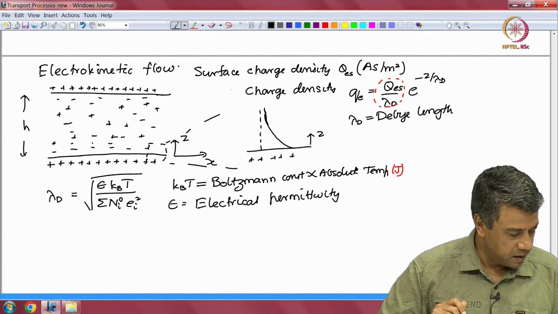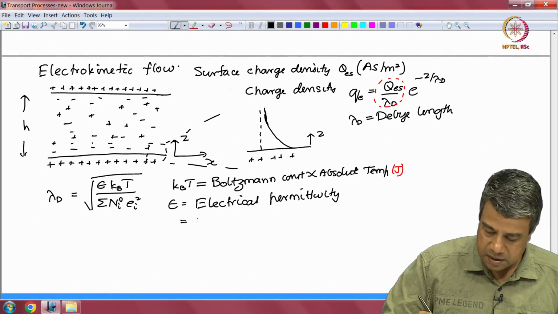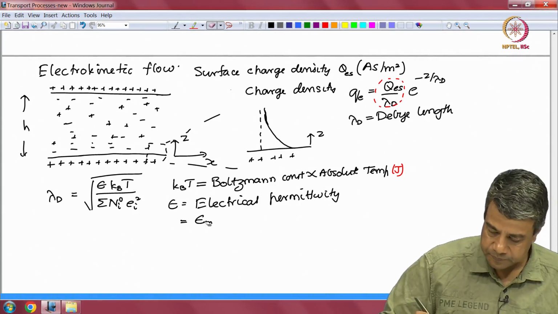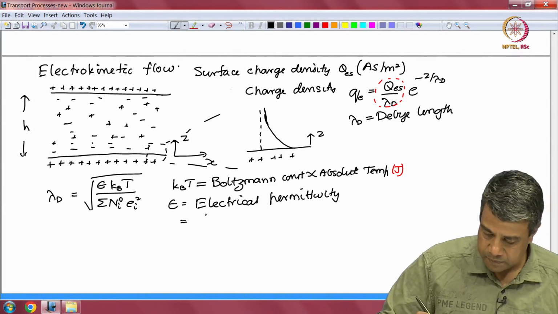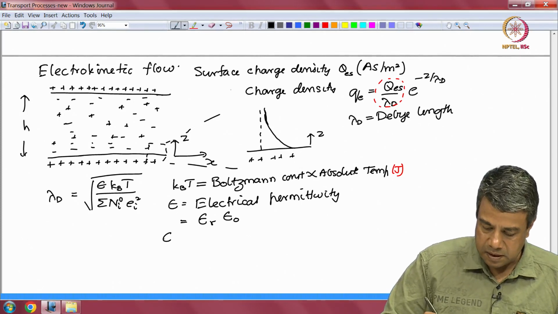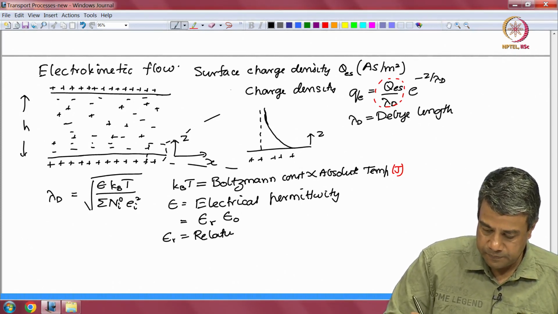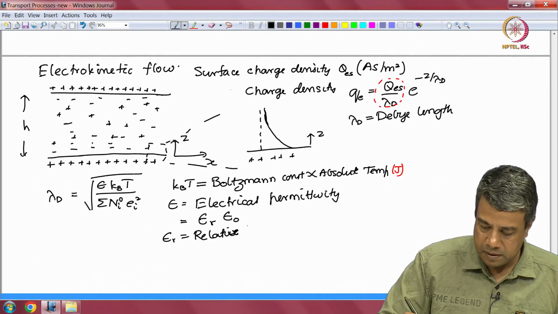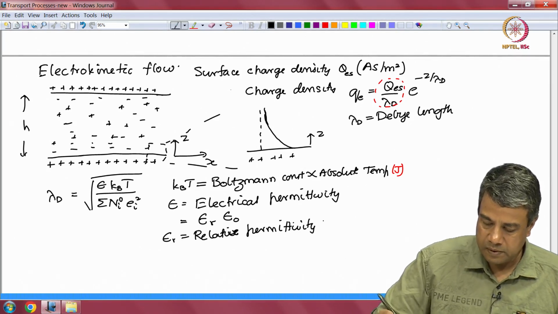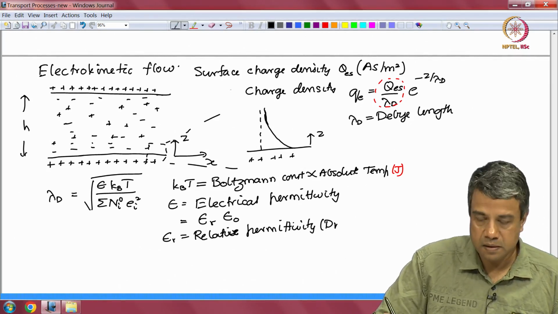This is usually written as the relative permittivity, epsilon r, times epsilon naught, where epsilon r is the relative permittivity, dimensionless.